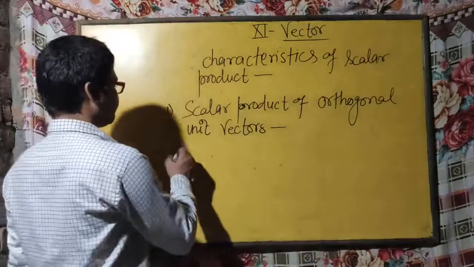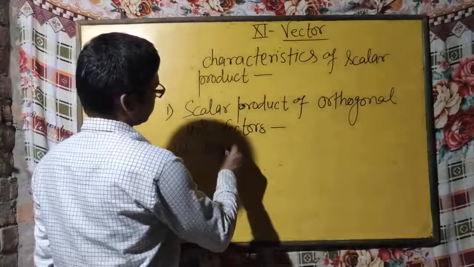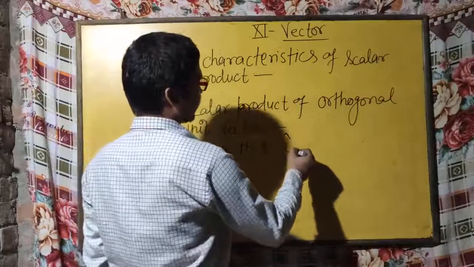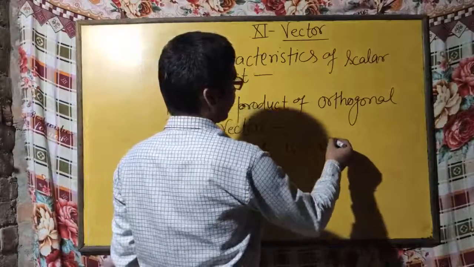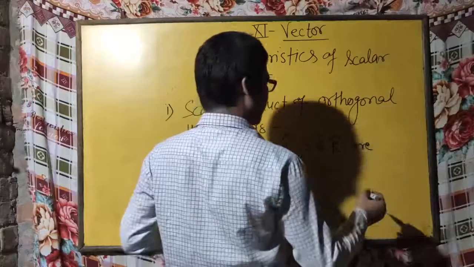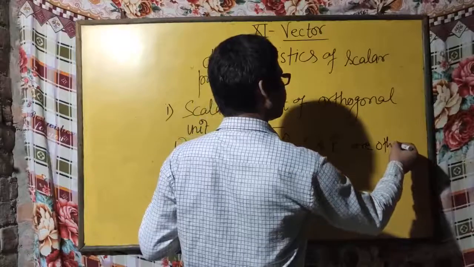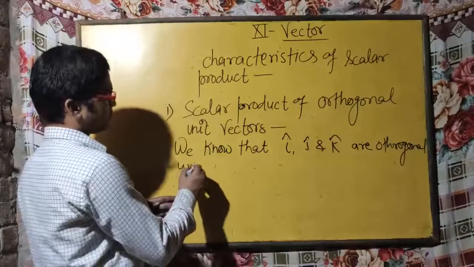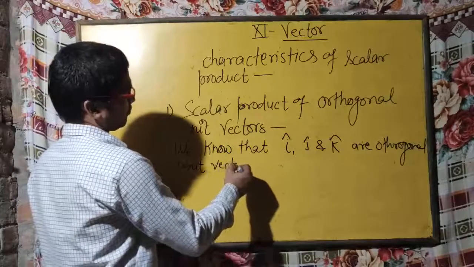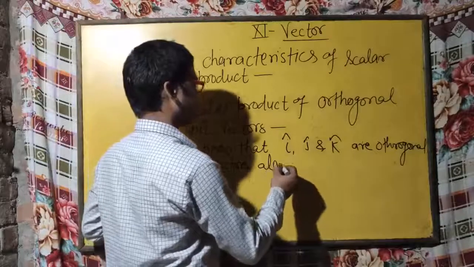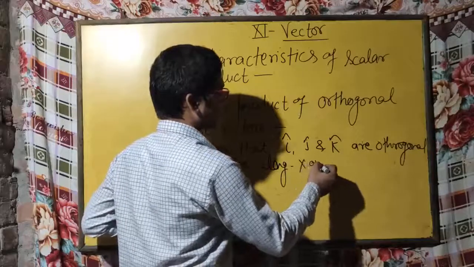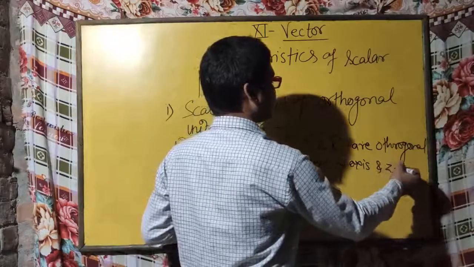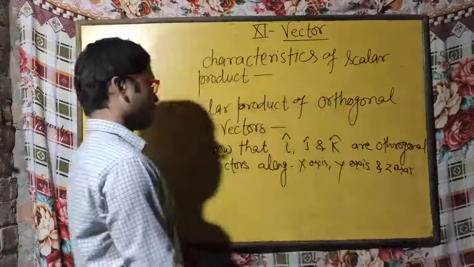So we know that i cap, j cap and k cap are orthogonal unit vectors along the x axis, y axis and z axis, respectively.